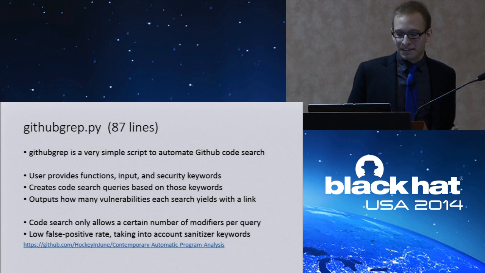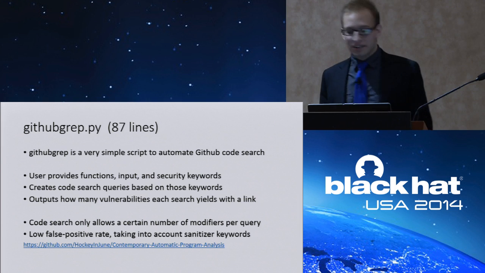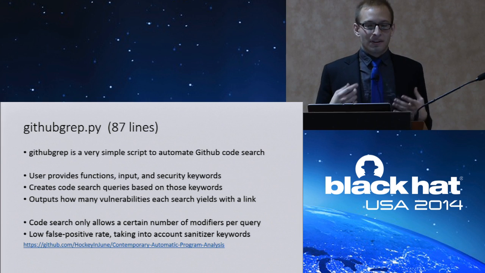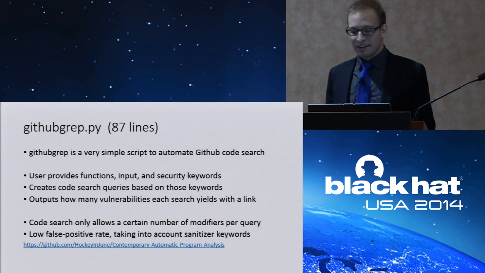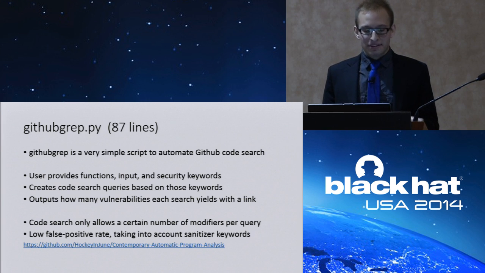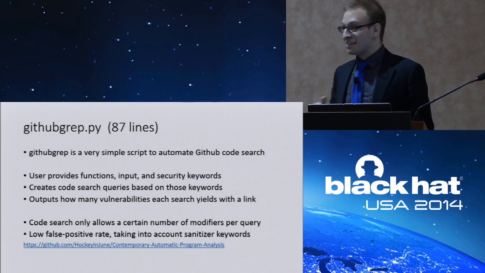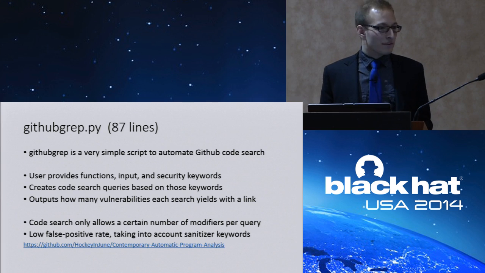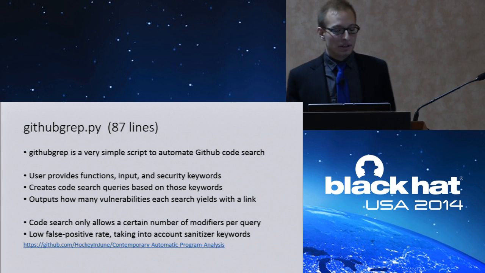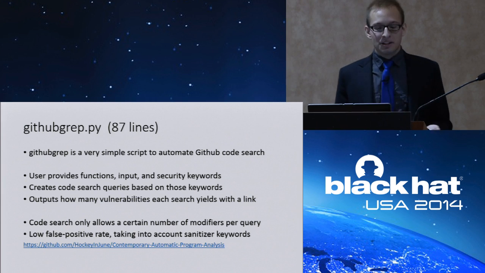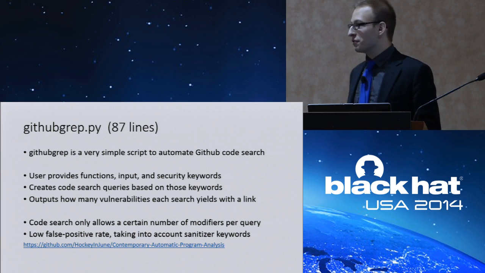The user provides functions, input, and security keywords, and the script creates queries based on those keywords and sends them to GitHub, receives the results, and then outputs how many vulnerabilities each query found, and gives you a link to go view them on GitHub.